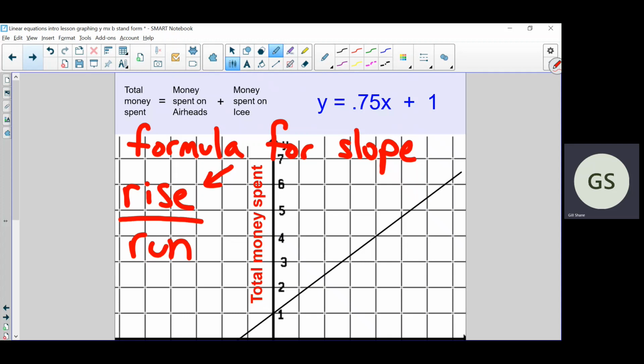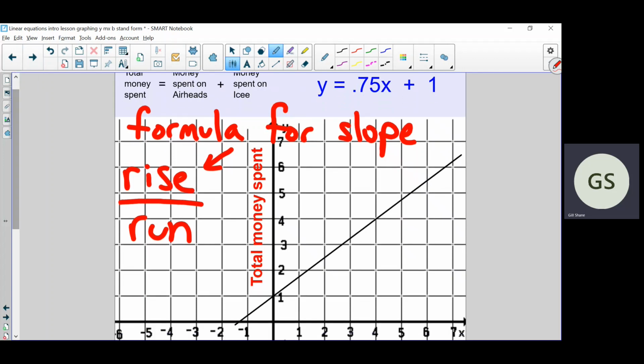Now here's the part that I wanted to spend a little more time on today, because we went through it fast yesterday and I know we weren't fully getting it, not everybody at least. This line that I graphed represents that equation, that y equals 0.75x plus 1. That's literally how we would graph it if we said the intercept is 1, because that's the number all by itself.